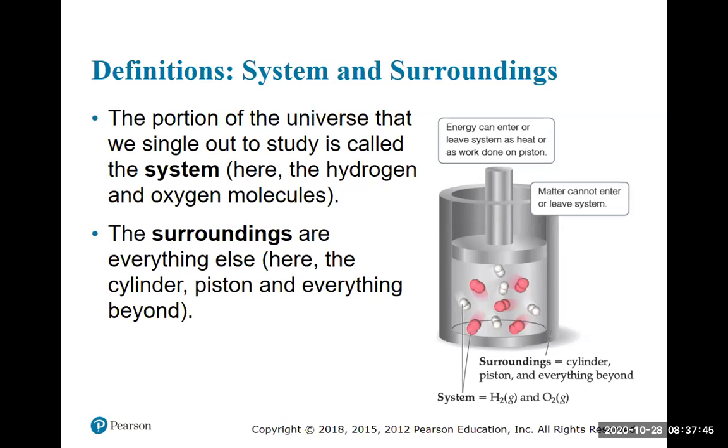In the example on the right here, the surroundings are the cylinder, the container, all that stuff, whereas the system in this case is the hydrogen and oxygen gas molecules that we're doing something with. A lot of times the questions will ask about the system or the surroundings, like is work being done, is heat being generated, things like that. So it's important to remember the definition of system and the definition of surroundings.